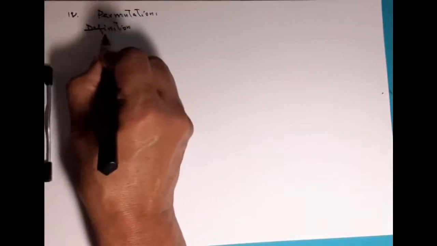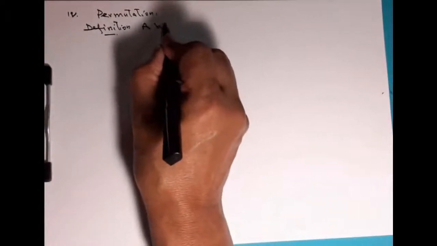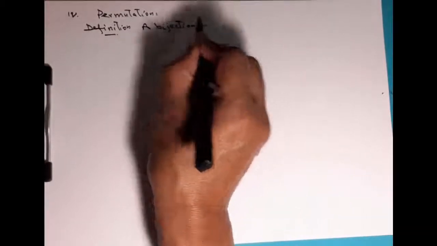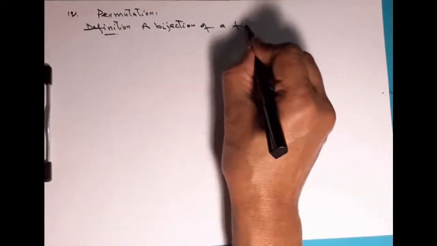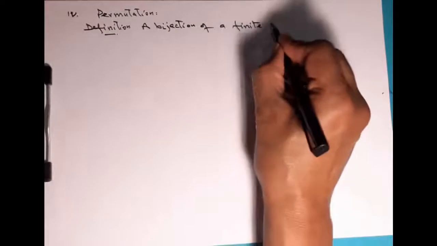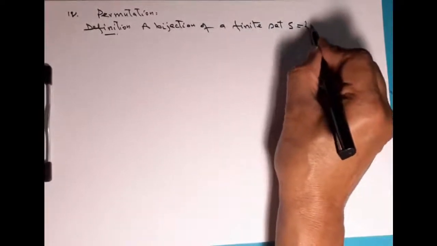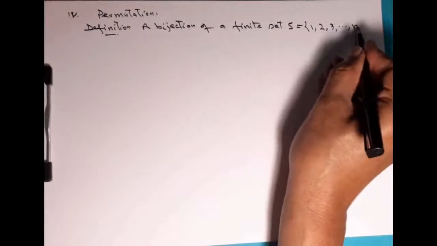So the definition is that a bijection of a finite set, a bijection, one-to-one mapping, of a finite set, let's have that set as S equal to 1, 2, 3, so on up to n, a finite set.